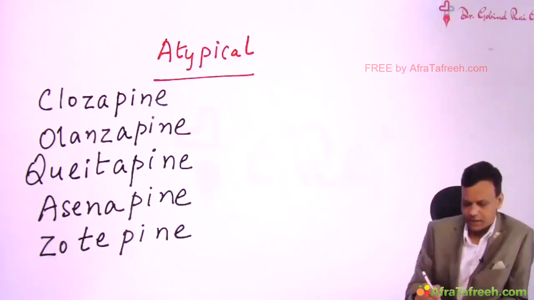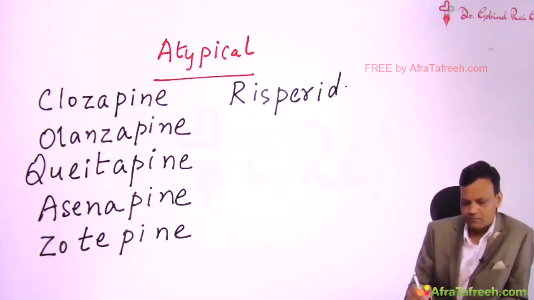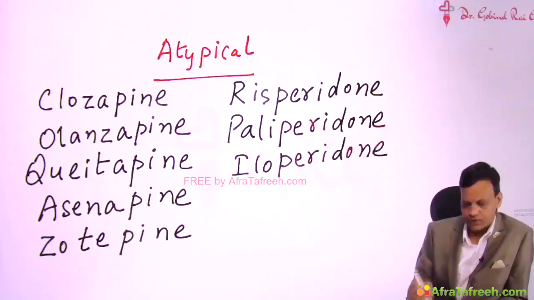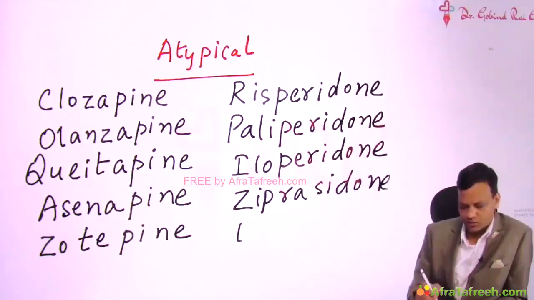Then we have drugs like risperidone, paliperidone, iloperidone, ziprasidone, and lurasidone.